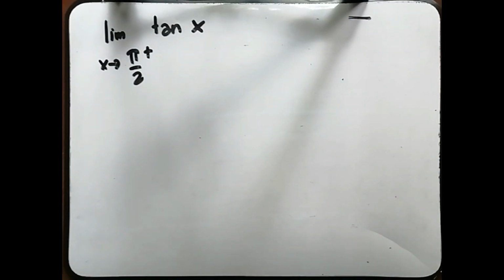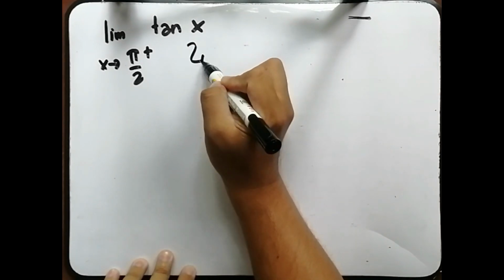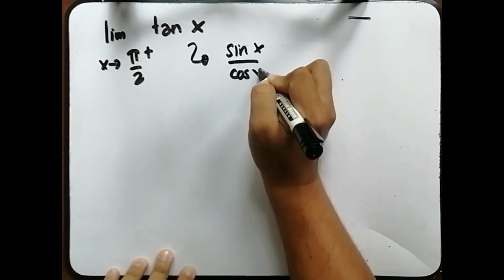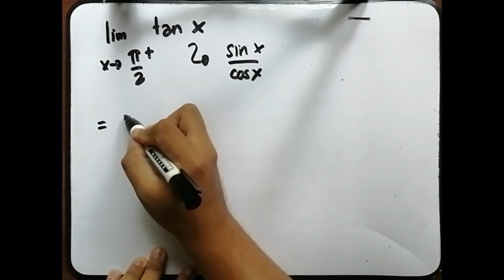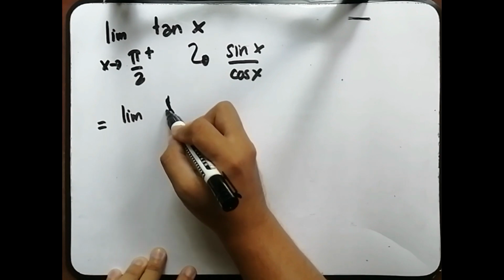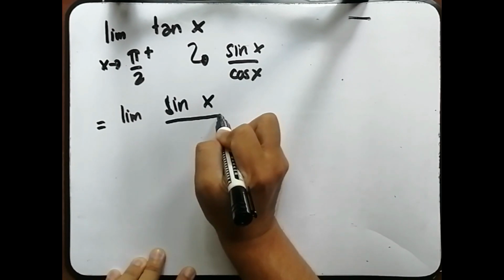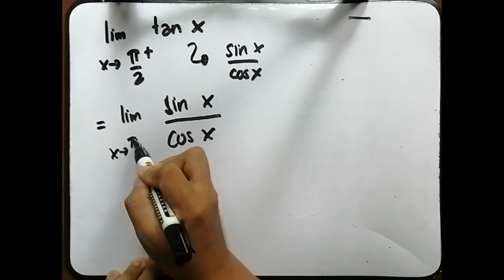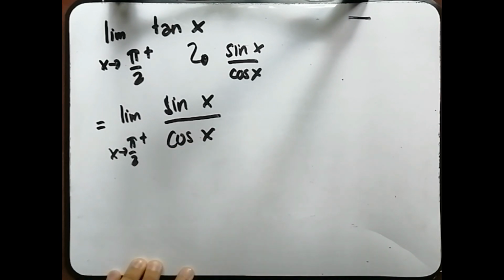So how about the limit of tan x as x approaches pi over 2 from the right? So we know that tan x is equal to sine x over cos x. So we can rewrite this as the limit of sine x over cos x as x approaches pi over 2 from the right.